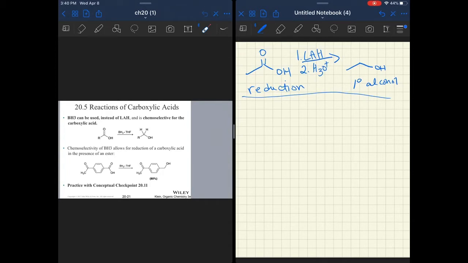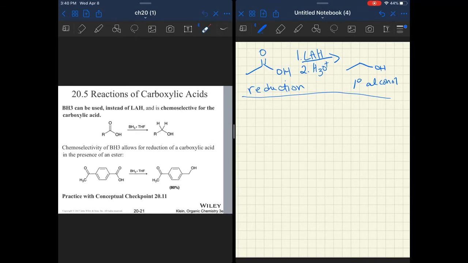For instance, with BH3, kind of like with hydroboration oxidation, I will not be using that. If you see it in your homework, that might be one thing, but I will never use that to reduce my carboxylic acids in my notes or in my solutions.